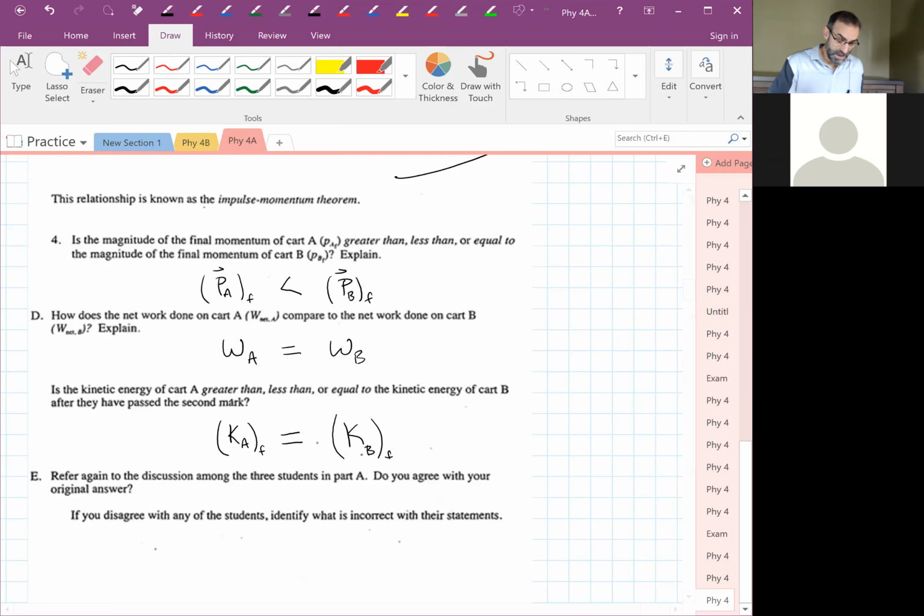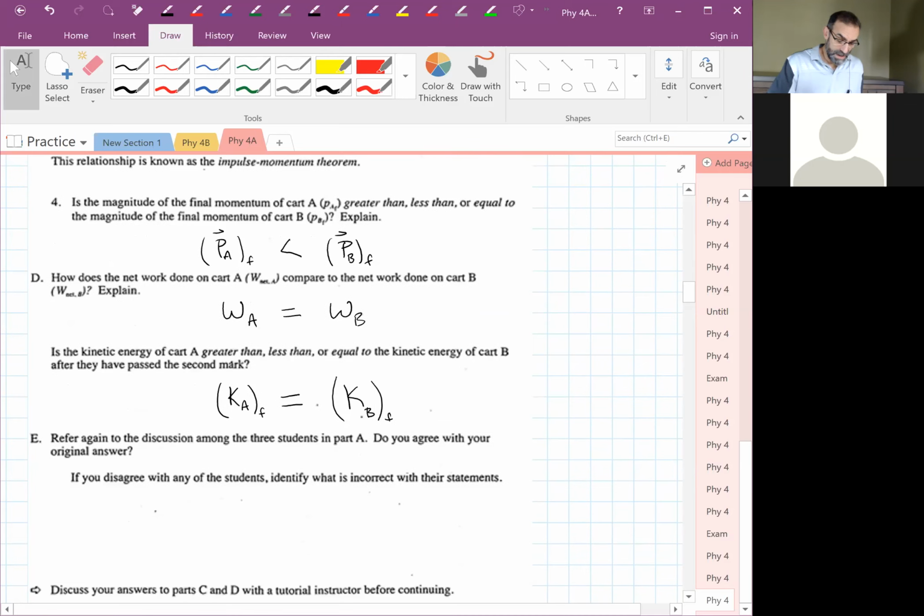Now it says go back and check what the students said again. So we are doing that. Student 1, we were okay with what they said. They kind of just restated a lot of facts, didn't really give us much. Student 2 is wrong.